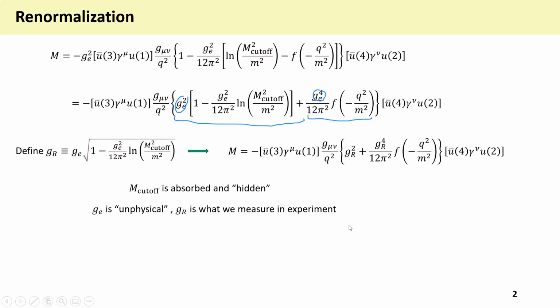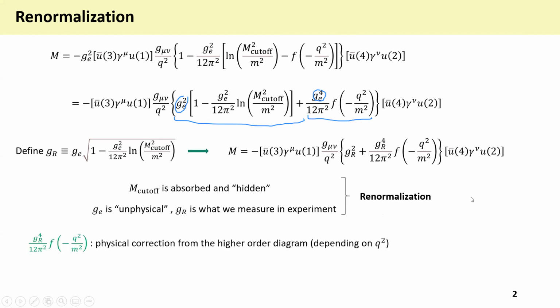That's how people deal with these infinities, and this method is called renormalization. We are left with this term, and this term is the physical correction from the higher-order diagram.